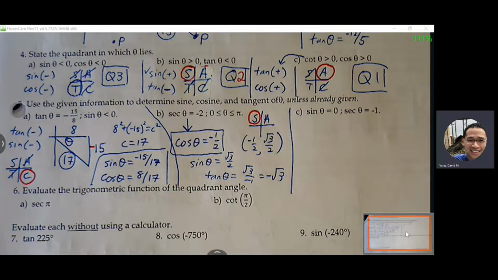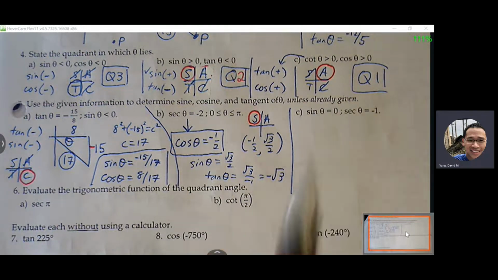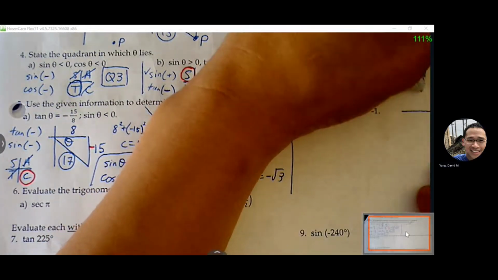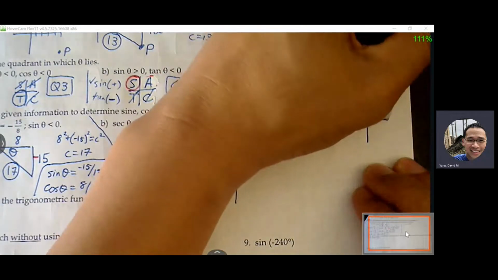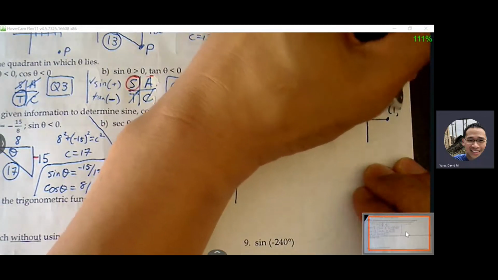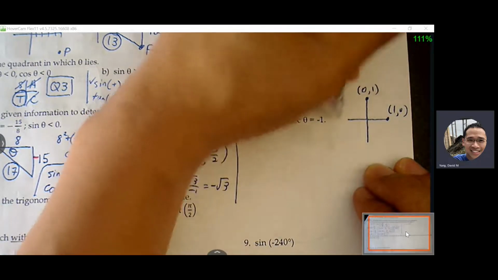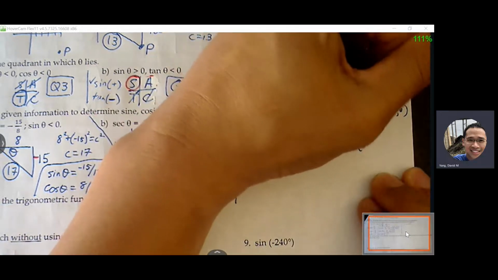Okay, part C. Sine is equal to 0, secant is equal to -1. Anytime I see anything equaling 0 or undefined, I know I'm just dealing with what? Just the axes, right? Those are the only things I need to worry about. So I'm going to write down all the ordered pairs so I can quickly eliminate the ones I don't have to worry about and just focus on the one I'm going to deal with.